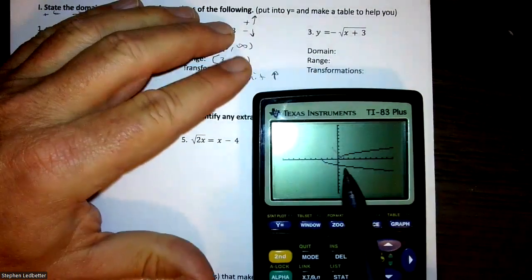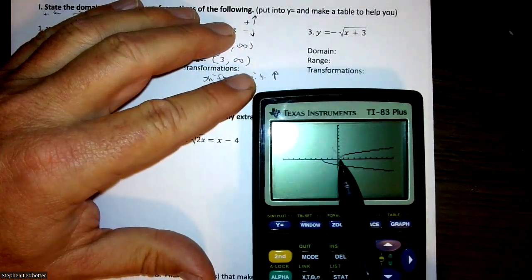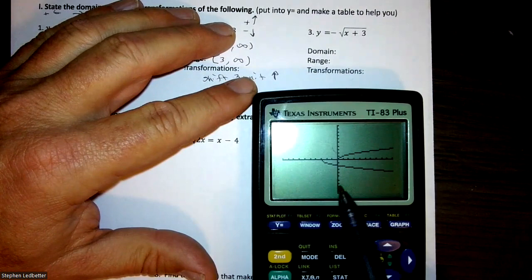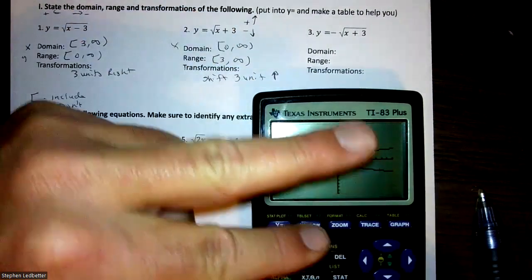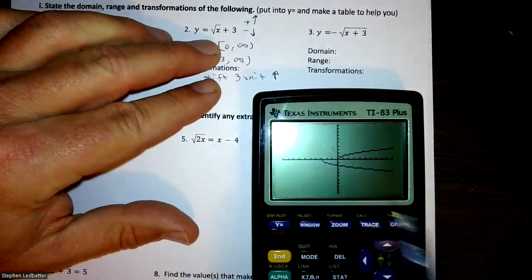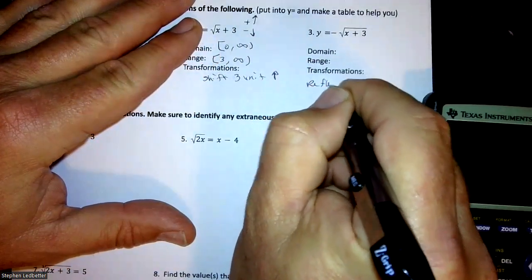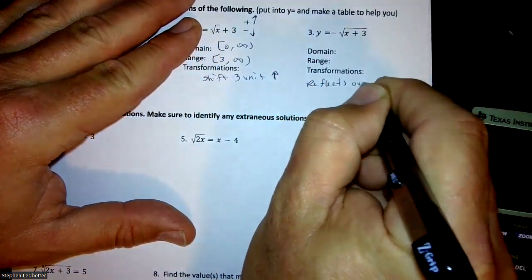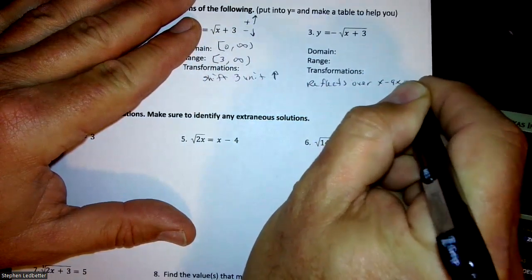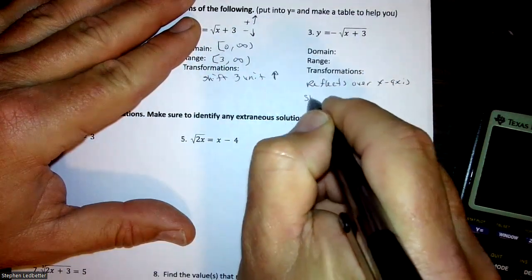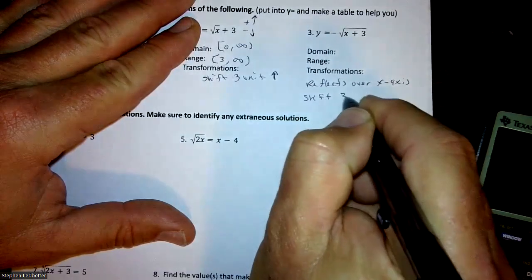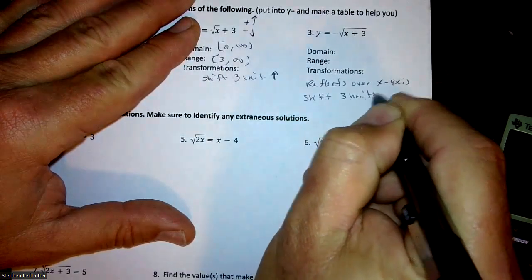Now we're looking at where it starts. It starts at 0, 0. So it flips. Think about this thing flipping, and then it shifts this way. So it reflects over the x-axis and shifts 3 units to the left.